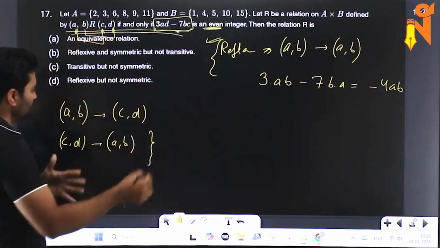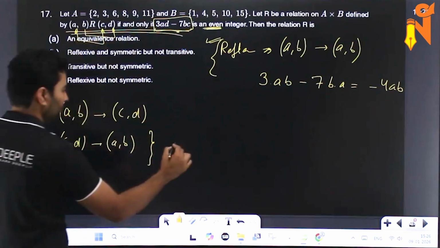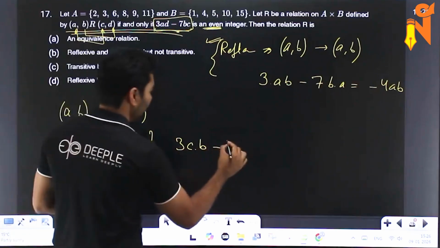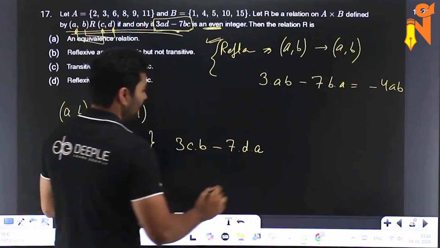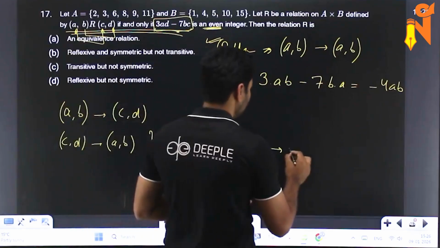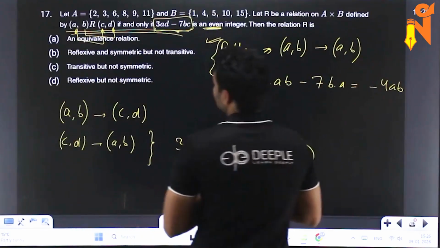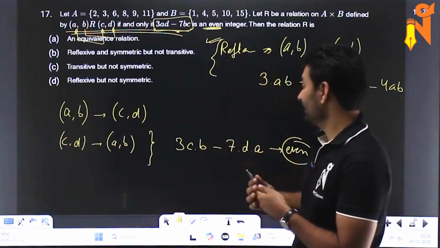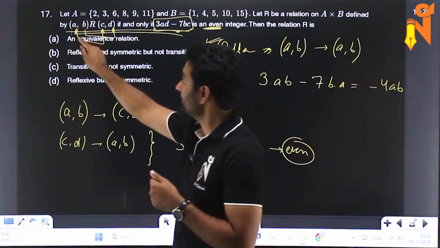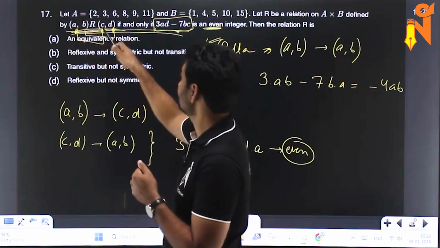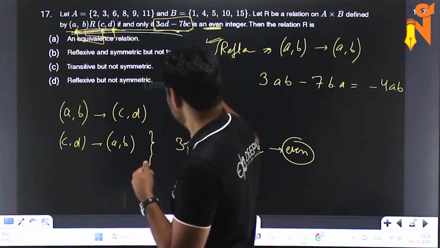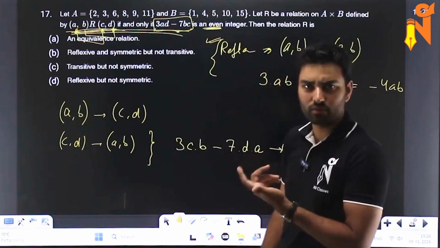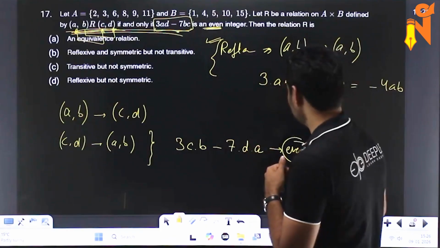So 3 times C into B minus 7 times D into A. Now this is also an even number. So how can you say? Pick any number, you can check this will be an even number. Pick n numbers here which satisfy this condition, and pick those numbers again, this will also be correct. So you will check by putting numbers. If you want to check, you can check. So this is also symmetric.